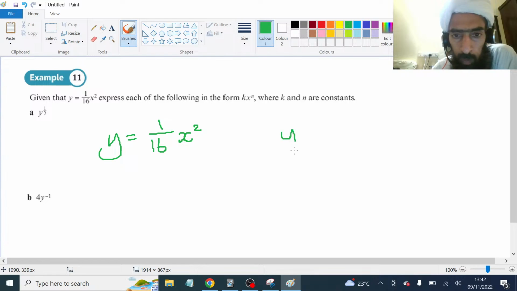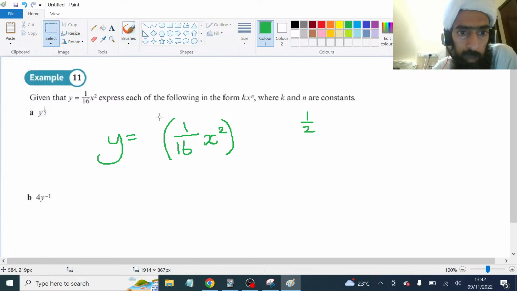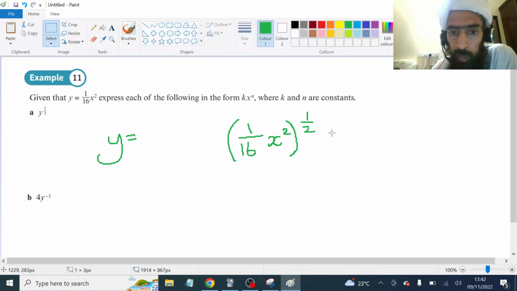So let's try this. We've got y is equal to 1 over 16 x squared. We've got y to the power half, which is what we need to try and rearrange. So what we're going to do is a substitution here. This y is the same as this y, so that means this can go in. Just before I put it in the place where the y was, I'm going to put brackets around it, so we know that it's all of this that gets the power half applied to it.